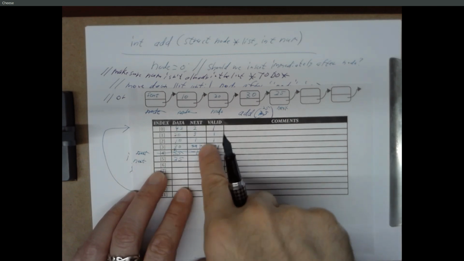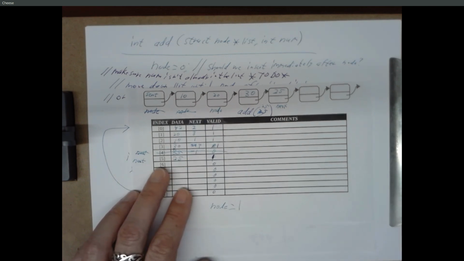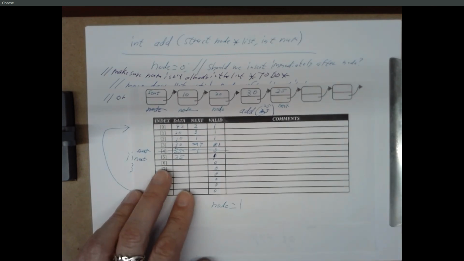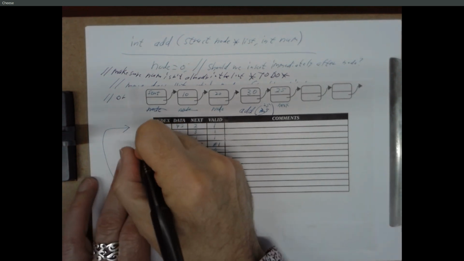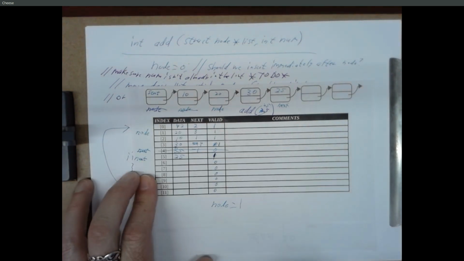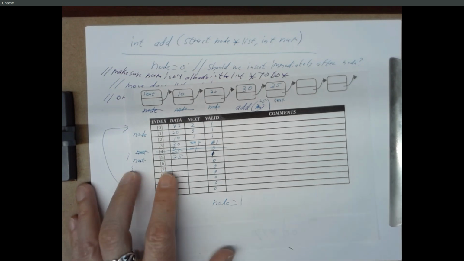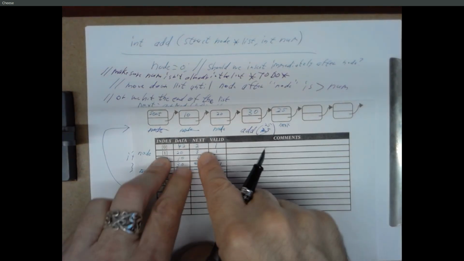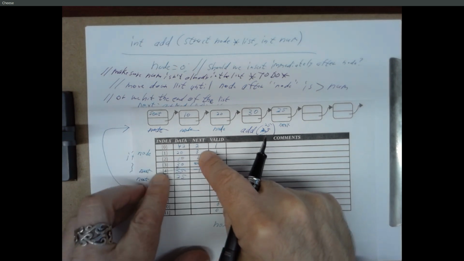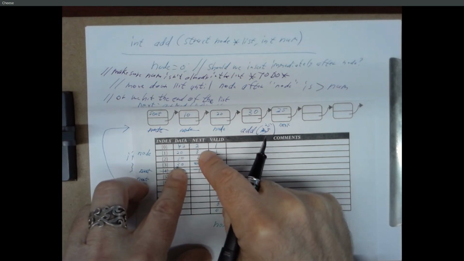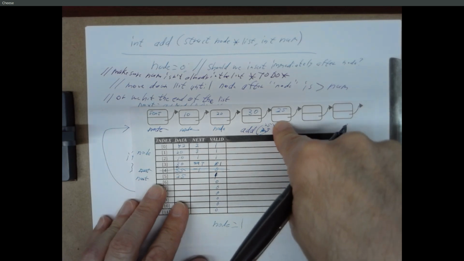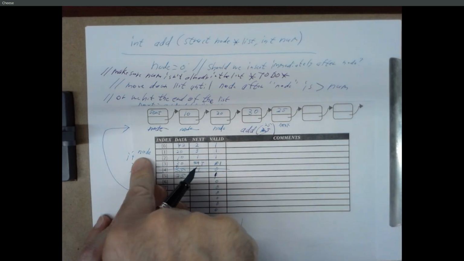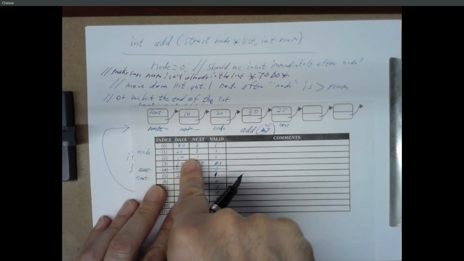Just looking at the table here, how can we tell with the variables we've defined, right, node is equal to 1? Because 20 is pointing at 30, right? Node has a next value of 3. That's the node containing a 30, right? We want our new node's next value to be equal to node's next value.